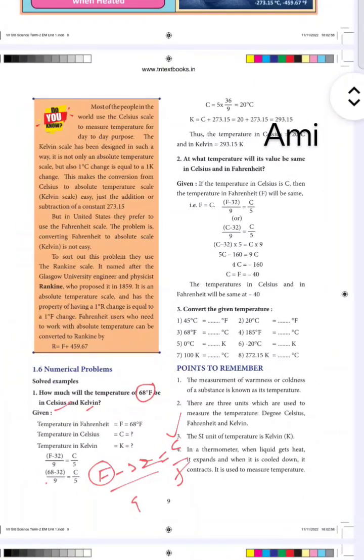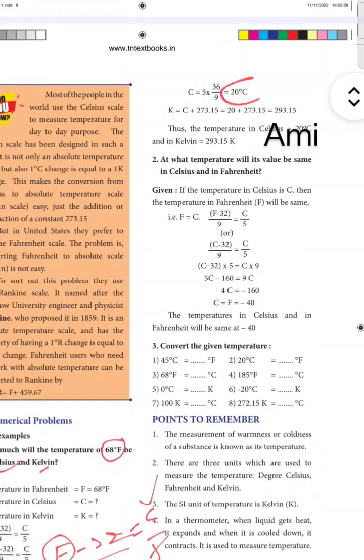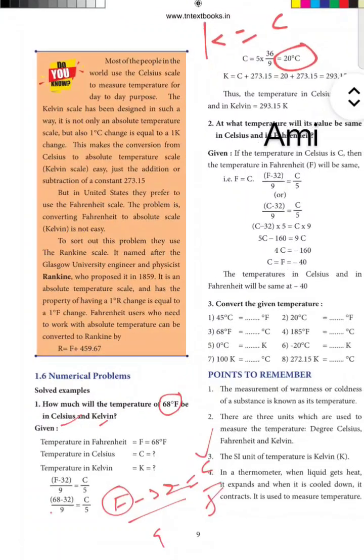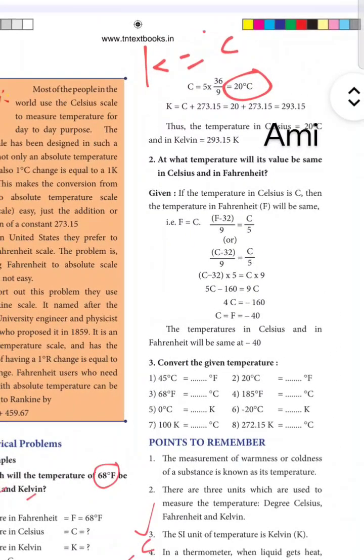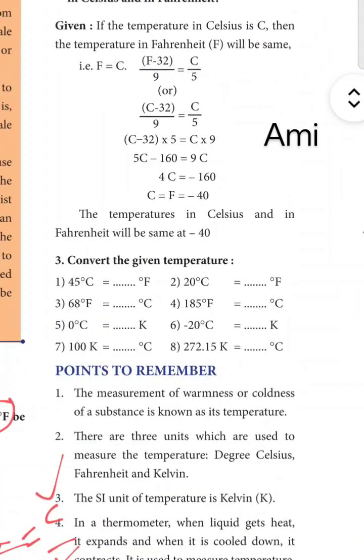So you get the value in degrees Celsius. Now you have found the Celsius value. To find the value in Kelvin, you should add 273.15. This is the formula. So here the conversion is being given.